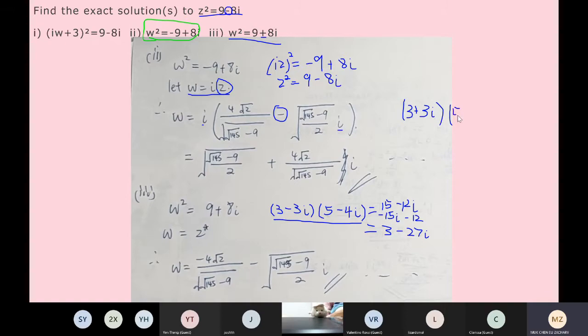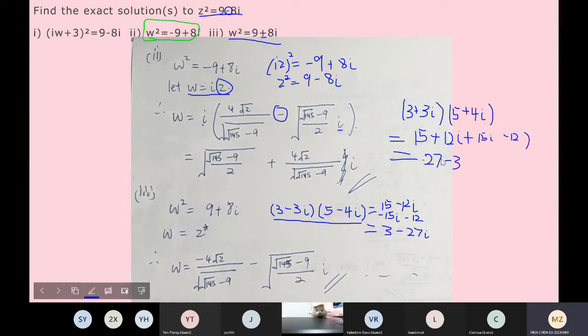So 27i plus 3. Okay. All right. Now you see something very magical has happened, right? Basically, when you multiply the conjugates together, you get the conjugate of this.